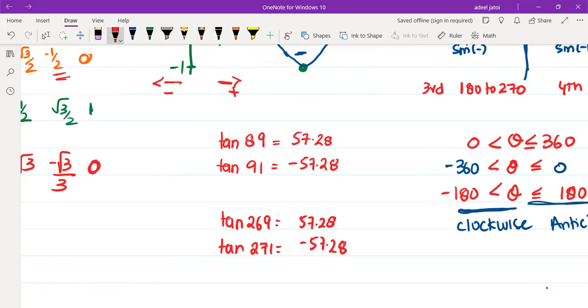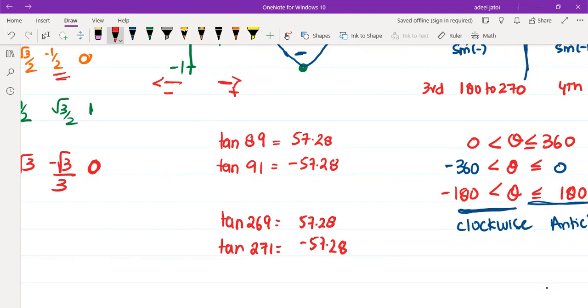Do you agree? What does this show? This shows that the cycle ends from 0 to 360, but math error came at two places: one is 90, the other one is 270. We took a value before the math error and a value after the math error. What difference did we see?